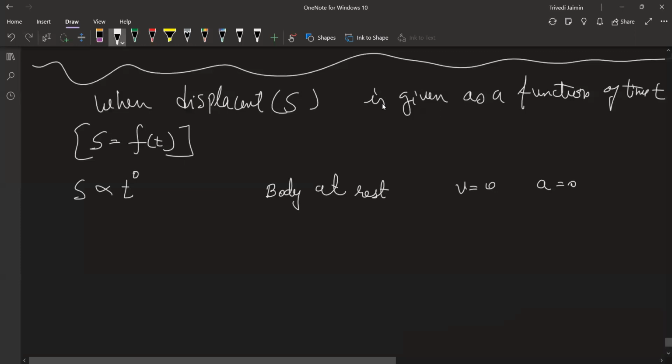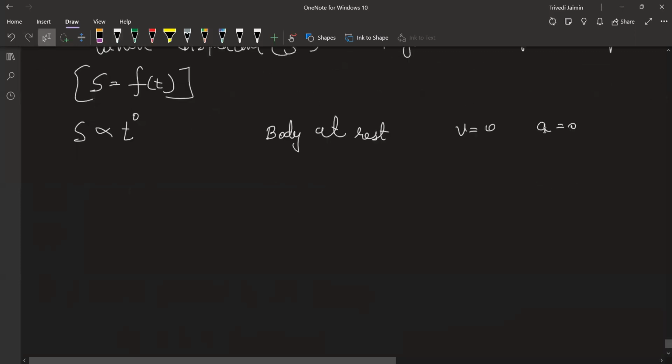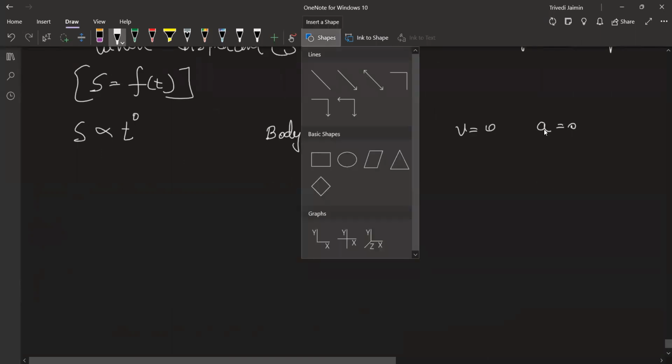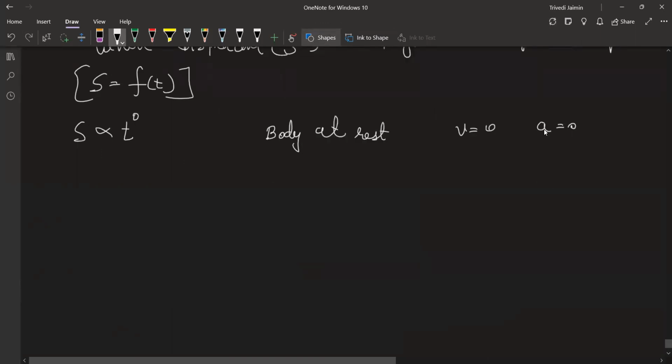You can write this in a tabular column so that it will be easier. S proportional to T to the power 1 is uniform velocity. Acceleration is 0.